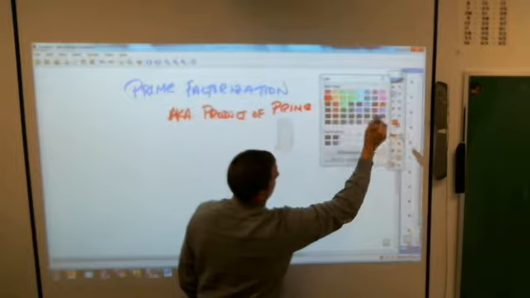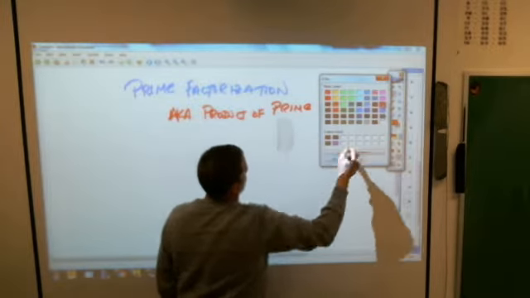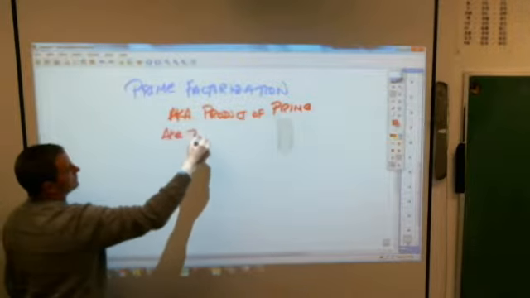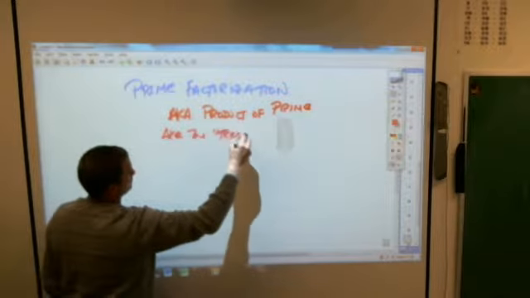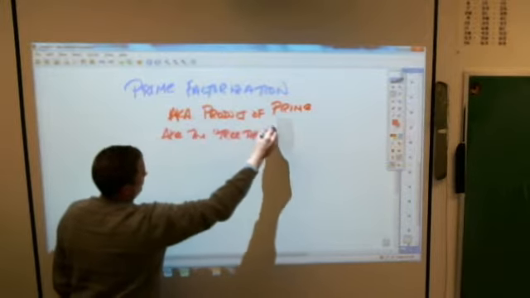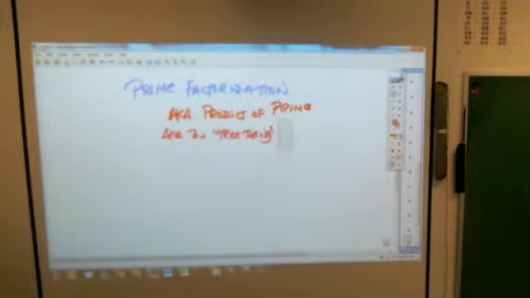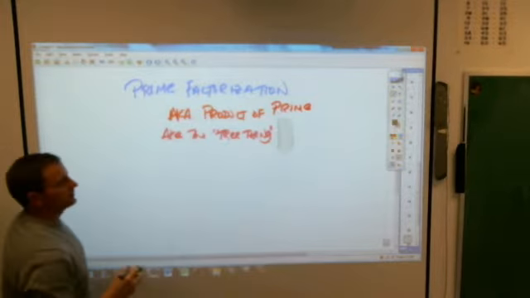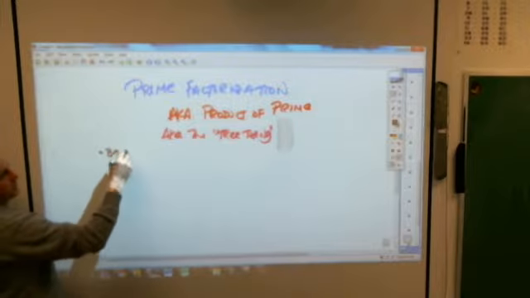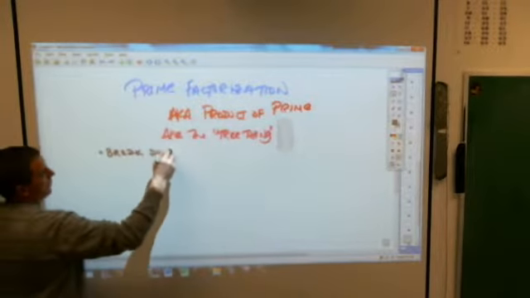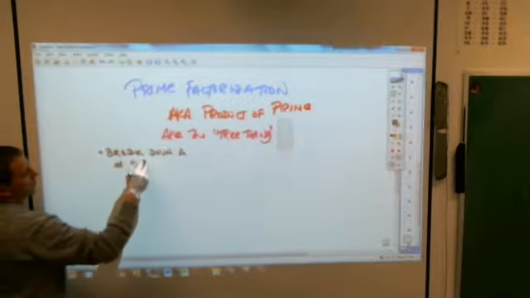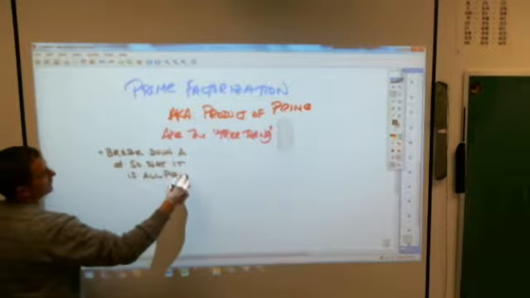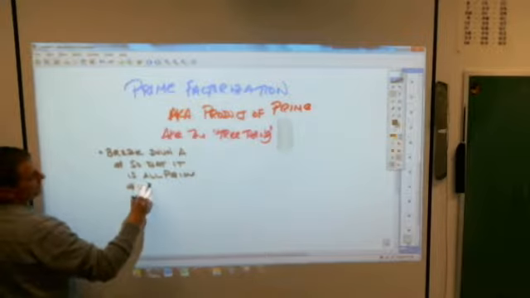And also known as the tree thing. And simply all three of them are ways that you break down a number so that it is all prime numbers multiplied together.